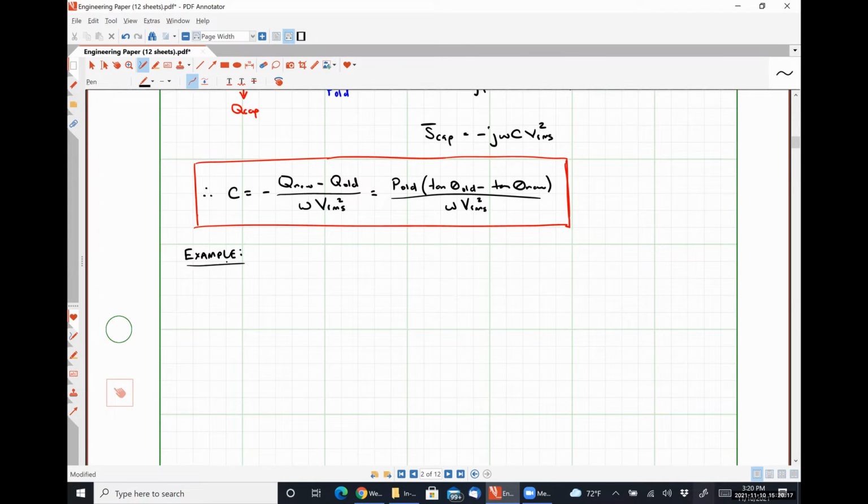We have an industrial voltage of 400 angle 0 degrees volts RMS operating at a linear frequency of 50 hertz, and it is powering an industrial load like a motor.